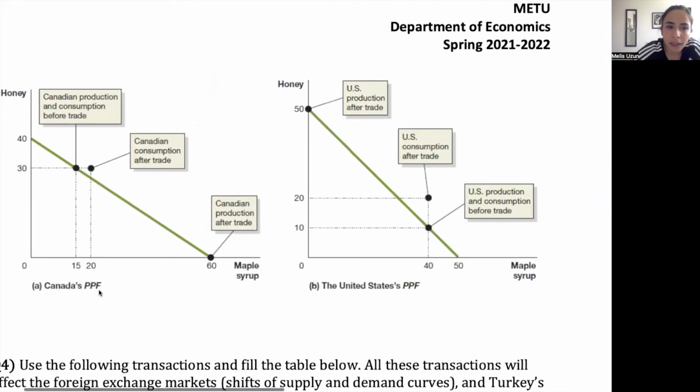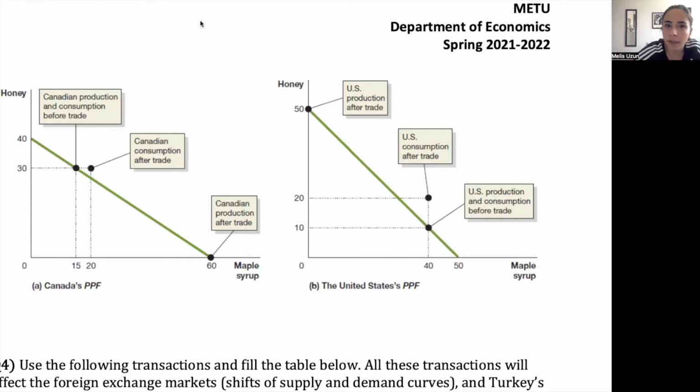So for Canada, it was producing before trade 40 tons of honey and 60 tons of maple syrup. If Canada produce only honey, it will produce maximum 40 tons of honey, and if it produce only maple syrup, it was producing maximum 60 tons of maple syrup. That's why we draw it like this.